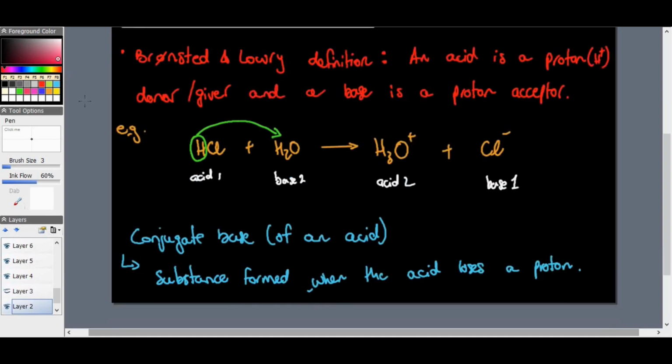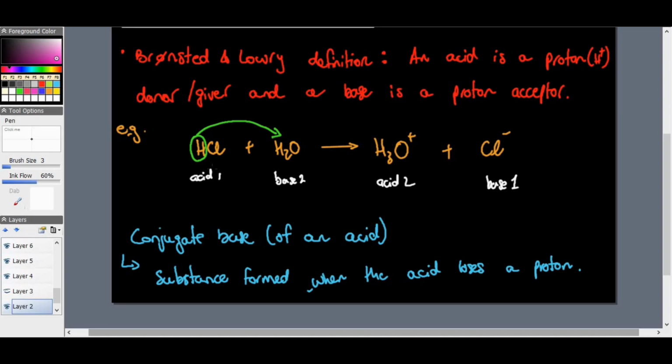So just to re-explain quickly, let's pick another color here. So the two terms, the conjugates, okay? The conjugates will only be found on the product side. So a conjugate base of the acid is the substance that is formed when the acid loses one proton.